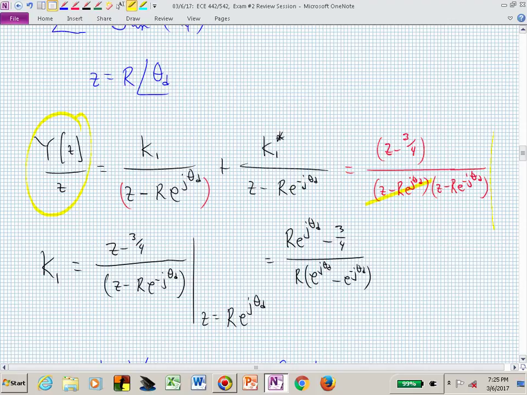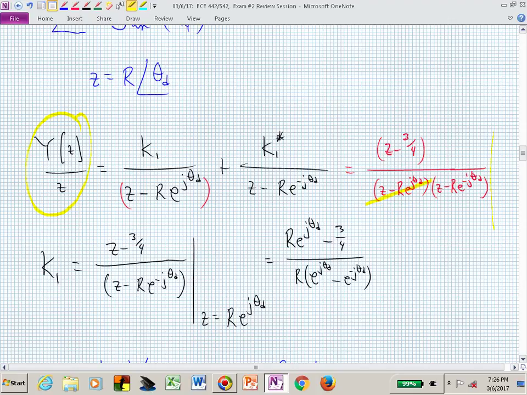I now have z minus 3/4 over z minus r e to the minus j theta sub d, all evaluated at the pole that caused that factor that I multiplied through to vanish, which is z equal to r e to the j theta sub d. If you've done something wrong, you may start seeing, I'm dividing by 0. Something's not right. You shouldn't be dividing by 0 when you're solving for these partial fraction expansion coefficients, in this case K1.